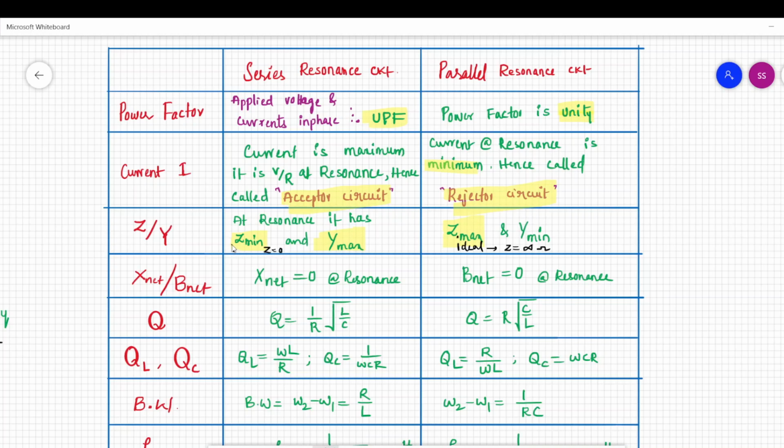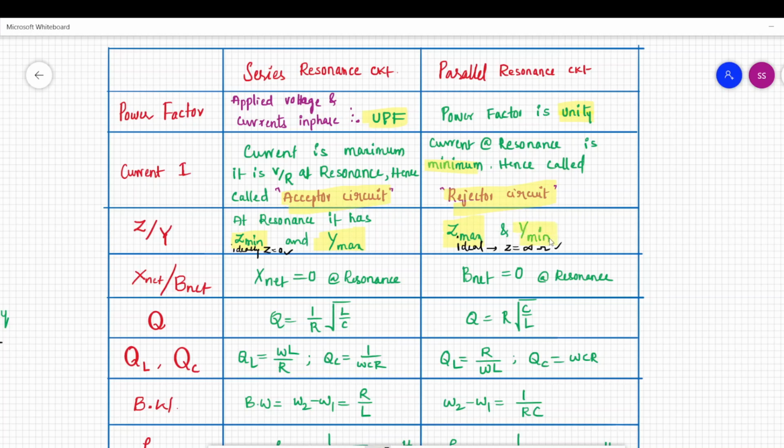Practically the series circuit will be having minimum impedance, and the parallel circuit will be having maximum impedance. If impedance is maximum, admittance will be minimum.